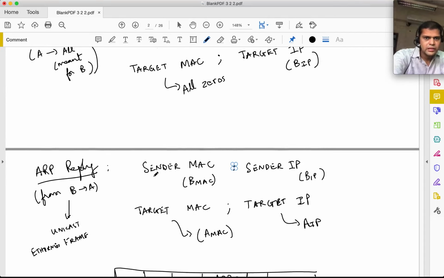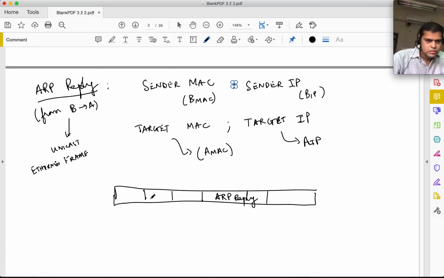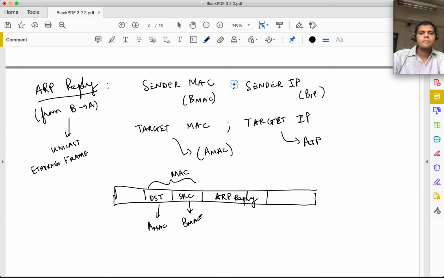So if we look at the fields over here, we have destination and source. So these are the MAC addresses, and of course this is going to be A's MAC and this is going to be B's MAC. Okay, and all these fields that I mentioned over here go in the reply.